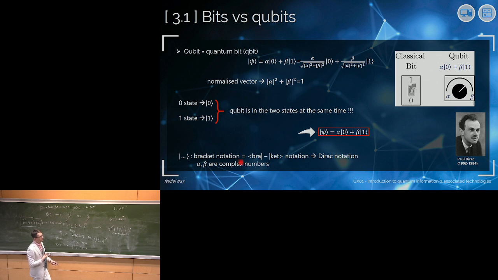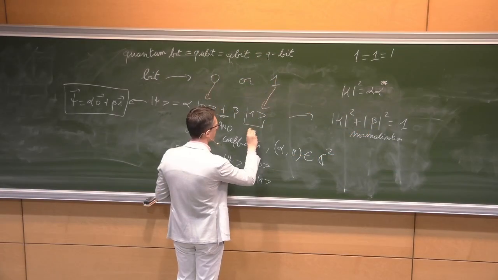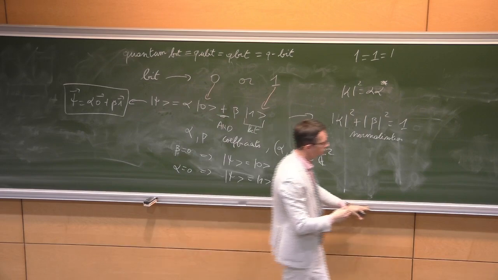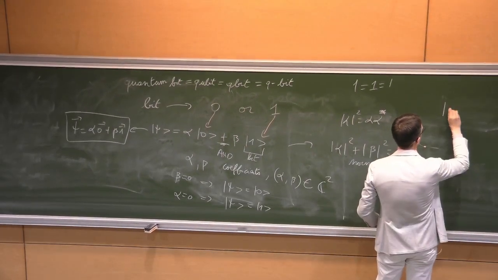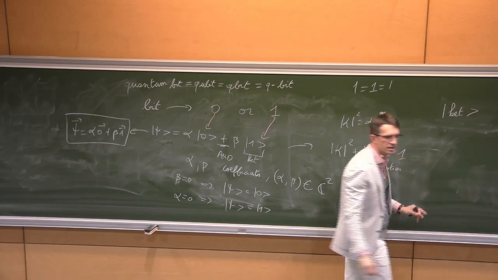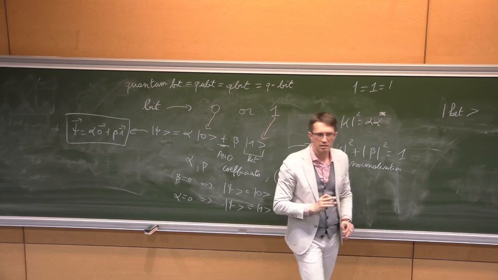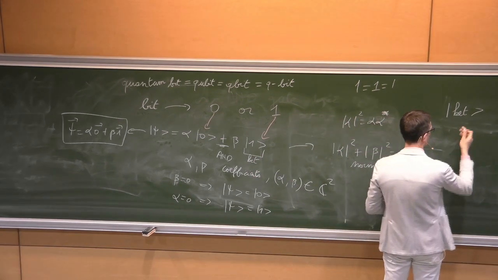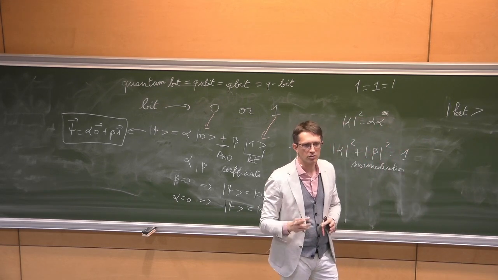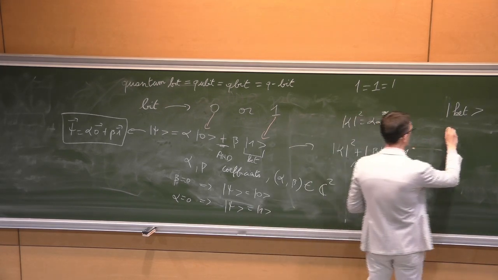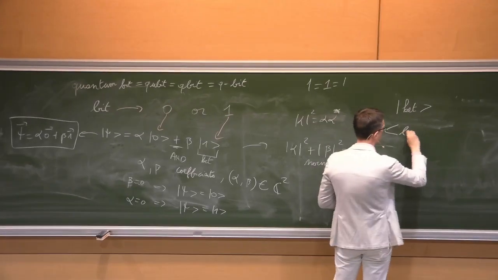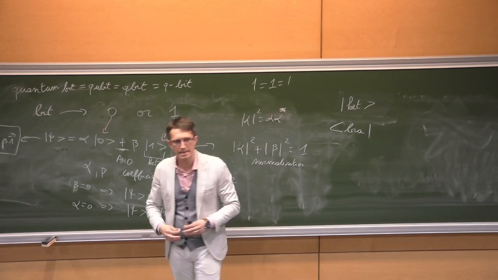Except that we use this weird notation, the so-called bracket notation. Why bracket notation? Because this is what we call a ket. Anything written like this is a ket, but we will see that there is a dual space, the so-called dual space mathematically, with other vectors, which are a different type of vector, and we write it symmetrically and call it a bra.